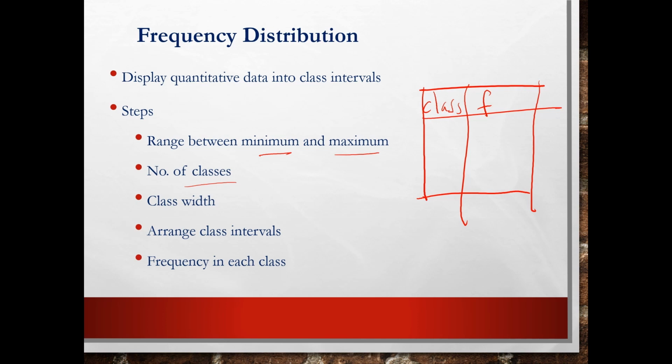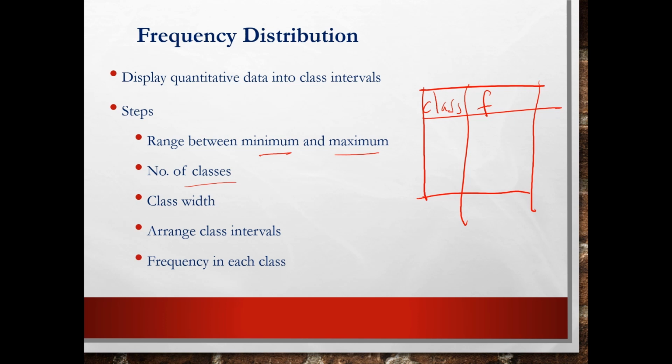If it is not a good display, you change the number of classes and redraw. The number of classes is not a rule, but don't go for too many classes. Also, don't have too few classes, or you will not see a good display of the data.